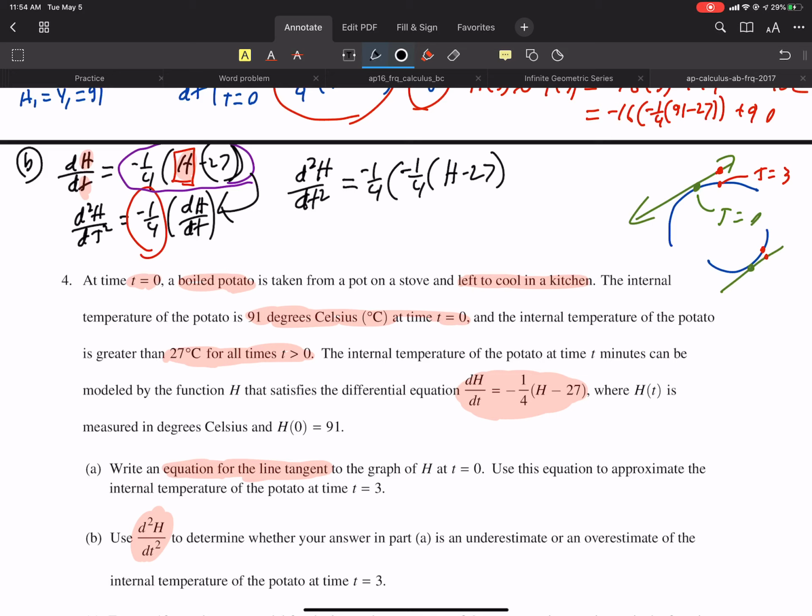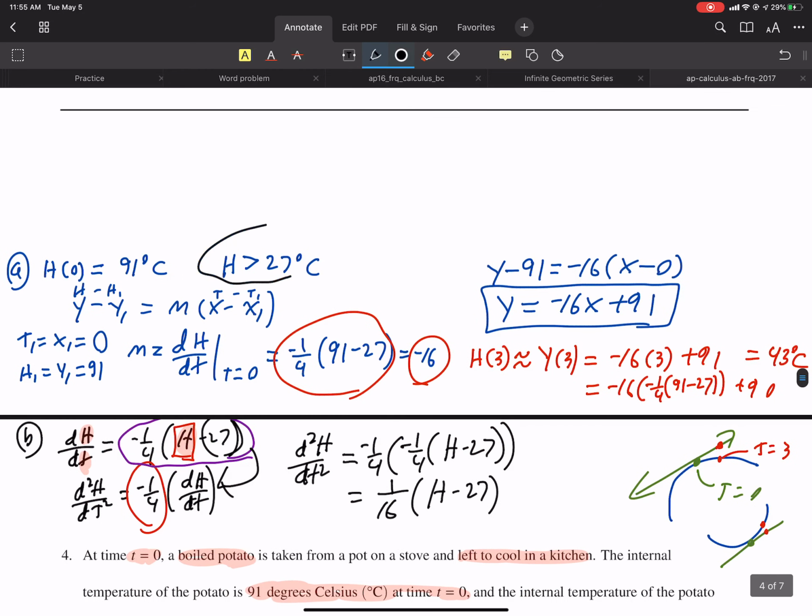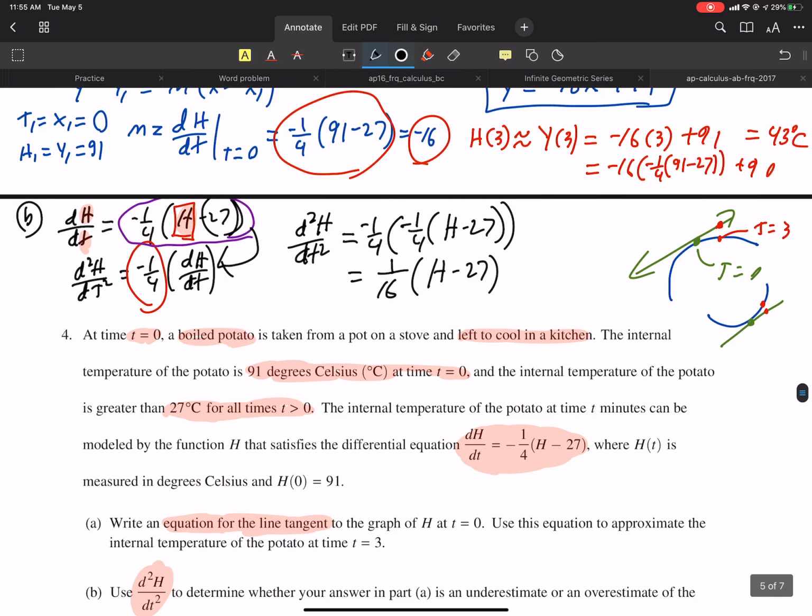Now we're cooking. So this is 1/16 h minus 27. And the question is, is this positive or negative? You might think, well, it depends on what h is. But if you would have annotated earlier, you probably would have remembered that we stated h is always greater than 27. So now we can say, since h is greater than 27, therefore the second derivative of h with respect to t is positive.